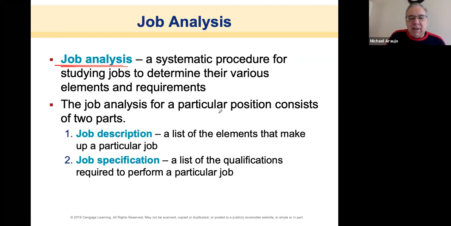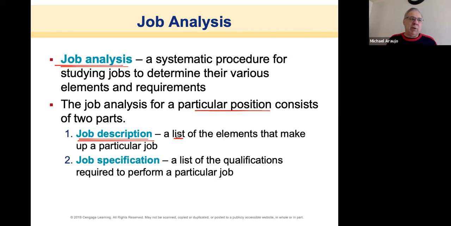But basically, once it comes down to understanding that you need a particular position created to do certain functions, two things have to happen. Number one is you are going to put together a job description. Job description should be a list of the things that that job does. Usually, the first thing that you see is the most time that you'll be spending doing on the job.